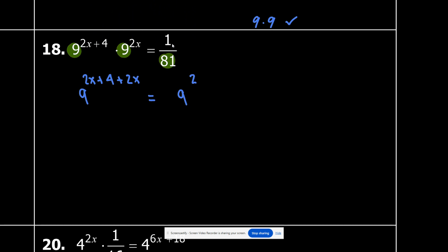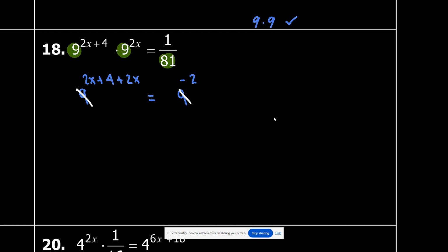What causes it to be 1 over 81? Hopefully you guys recall, that's where the negative exponent comes into play. That's what allows 9 times 9, which is 9 squared, to become 1 over 81, because we do 9 to the negative second power. Now we can drop off our bases because they're the same, and we can solve.